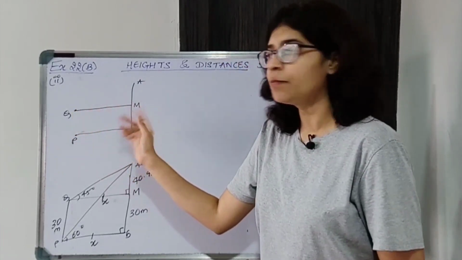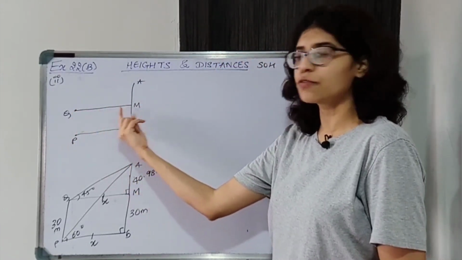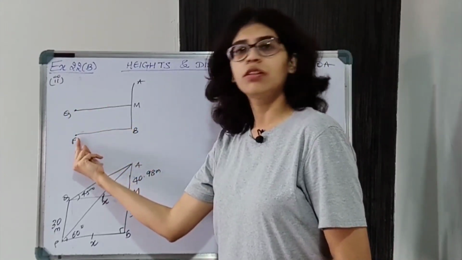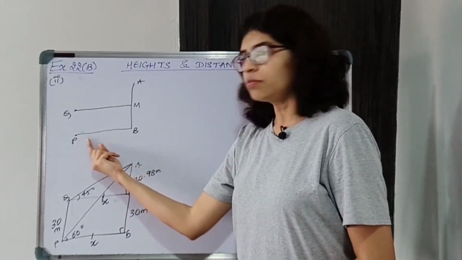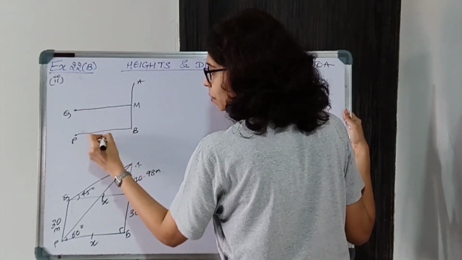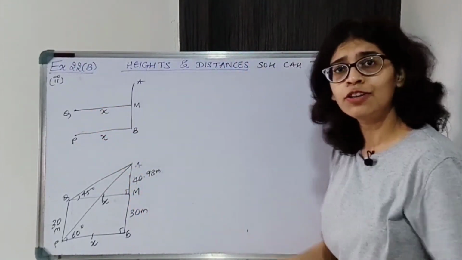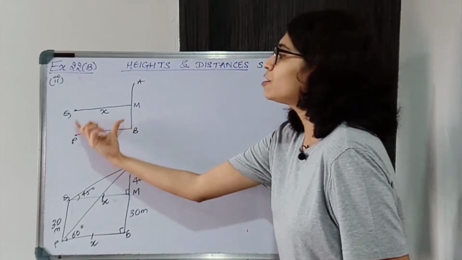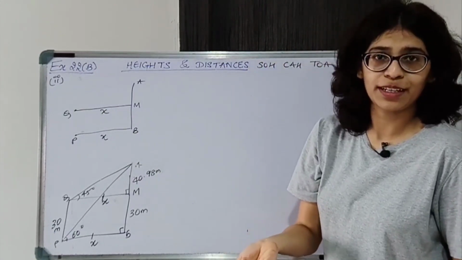Horizontal is sleeping line. So PB and QM both are x and we found the value of x. x is 40.98 meters. So the horizontal distance from the point of observation is 40.98 meters.